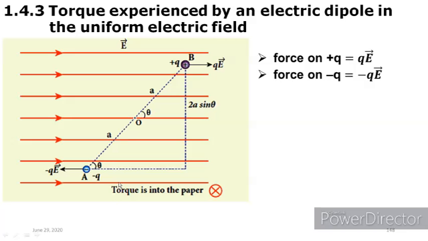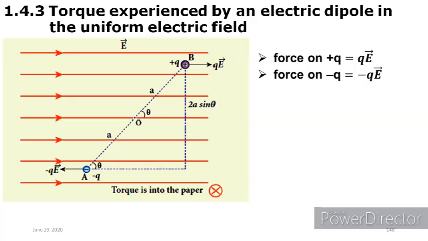Torque is nothing but rotational force. Torque is defined as r cross F, where r is the position vector and F is the force. The direction of torque can be found by using the right hand corkscrew rule. Here the direction of torque is perpendicular to the plane of paper and directed into it. The magnitude of torque can be found by using the formula r cross F.